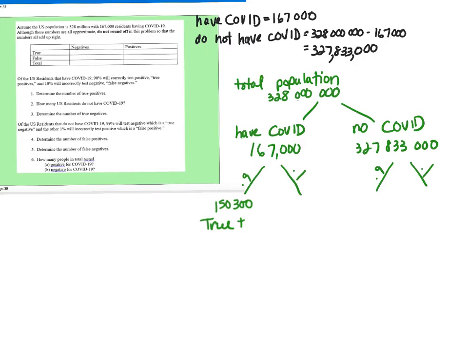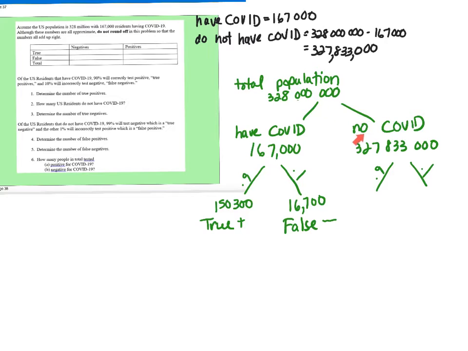If you take the wrong version of that, 10% of 167,000 is 16,700. These people have been incorrectly identified, saying they don't have COVID, but remember, they're part of the COVID group, so it's a false negative. They've been told they don't, but they do.